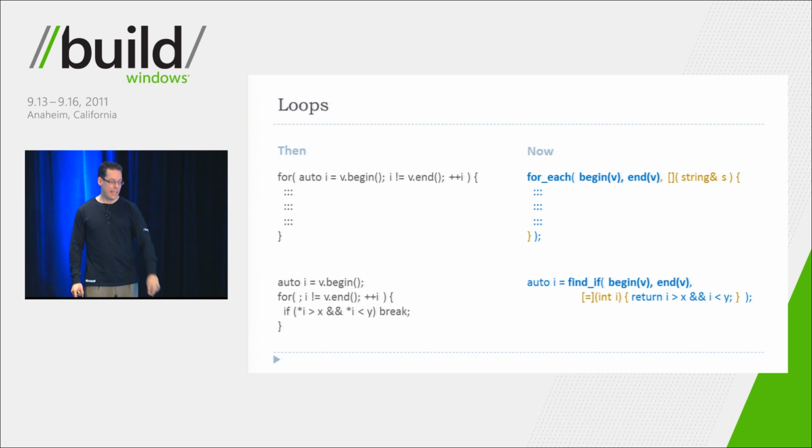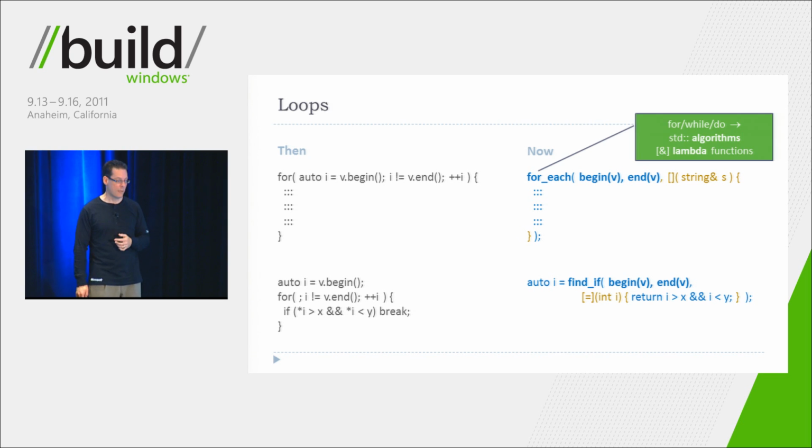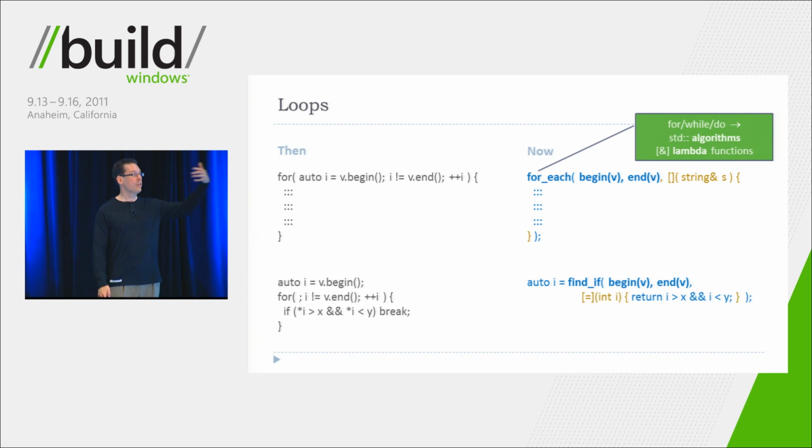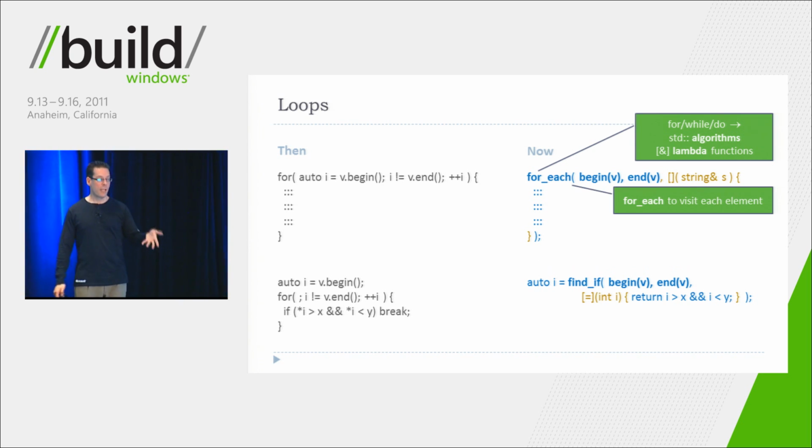And I'm passing a lambda, which again is a standard thing. It's perfectly vanilla C++11 code, but arguably cleaner and easier to read and expresses my intent with find_if much more naturally. So for, while, and do, prefer looking to standard algorithms and lambda functions. Use for_each in particular as your bread and butter algorithm.